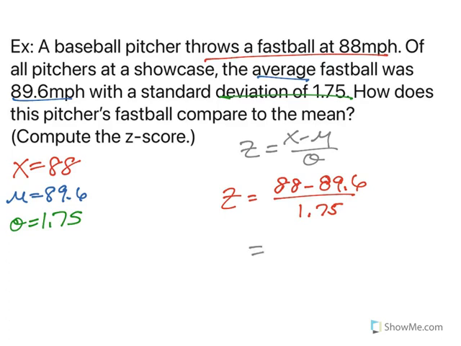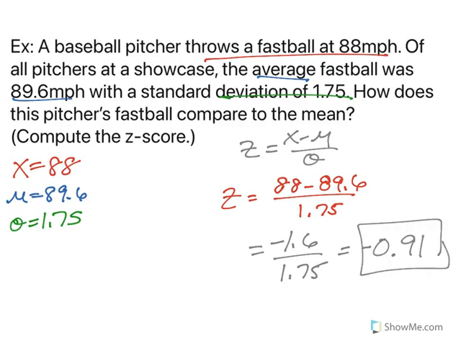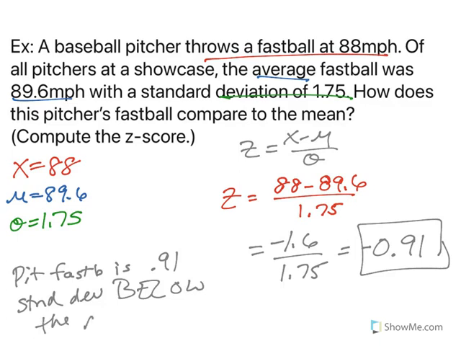When I calculate the numerator, I get negative 1.6 over 1.75, which gives me negative 0.91 rounded to 2 decimal places. So this pitcher's fastball is 0.91 standard deviations below the mean.